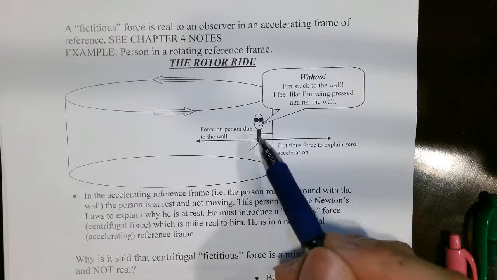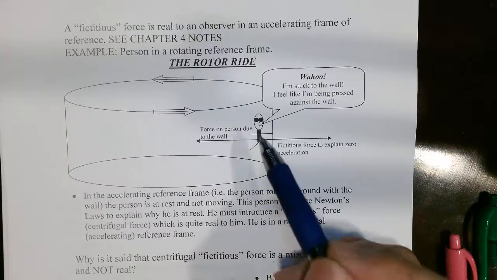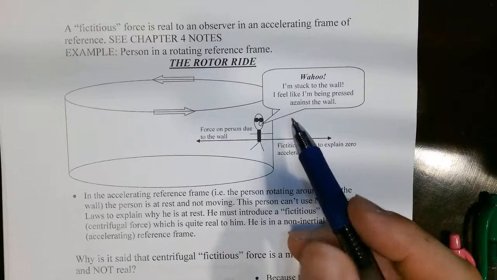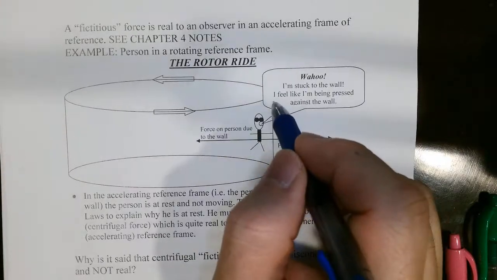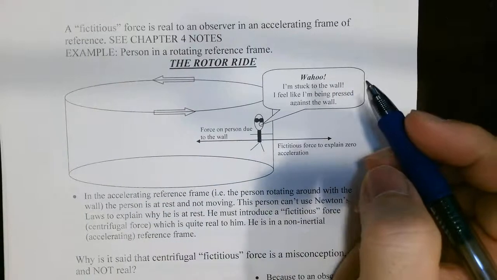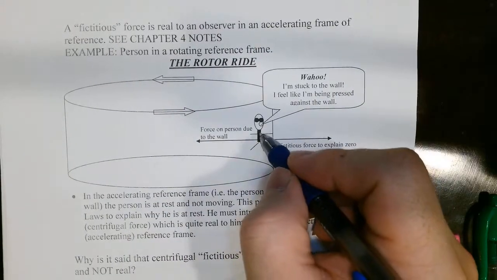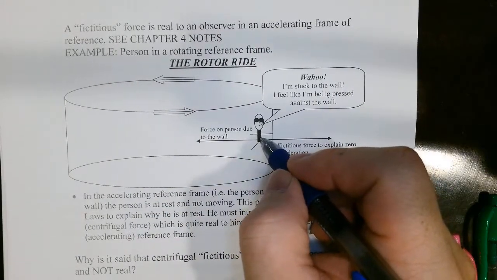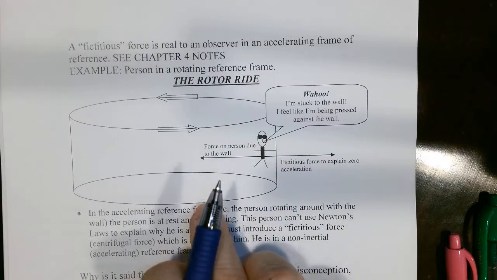Now, don't place yourself in there yet. Don't place yourself inside this ride. Okay, so as this Hellhole ride goes in a circle, the riders get stuck against the wall, right? And the floor starts to drop.